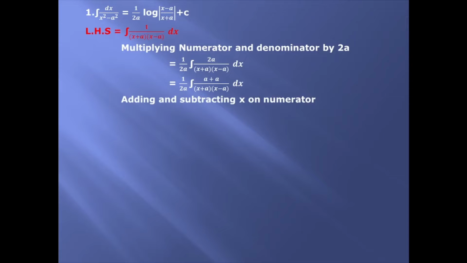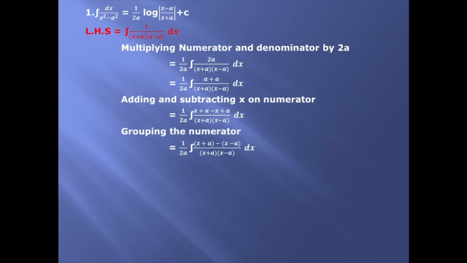Then the 2a can be split into a plus a. Adding and subtracting x on the numerator, we'll get 1 by 2a integral x plus a minus x plus a by x plus a into x minus a dx. So grouping the numerator, we'll get 1 by 2a integral x plus a minus x minus a, with minus taken common, and the denominator will be x plus a into x minus a dx.